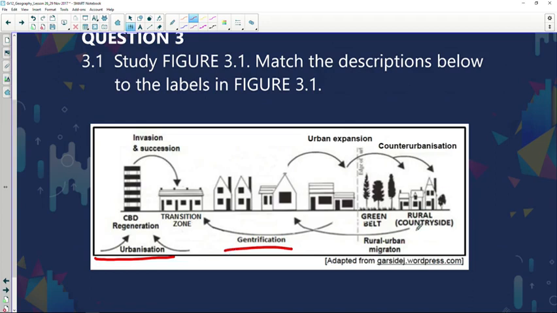Obviously, there's the rural towns over there that focus on primary activities, rural urban migration. Now, a couple of clues explaining to you what's happening. As you can see, I believe this is people moving from the rural areas to urban areas, maybe because of push and pull factors. But let's quickly go and find out.